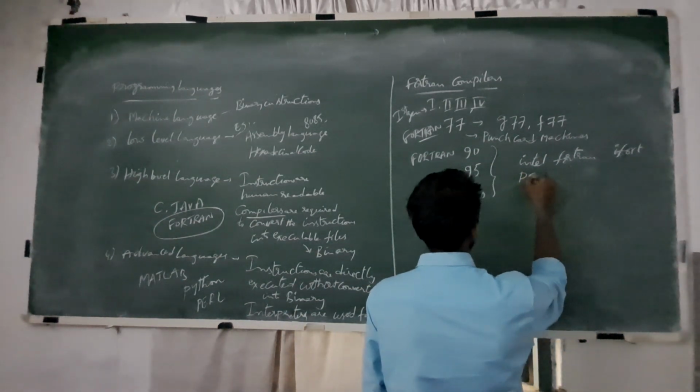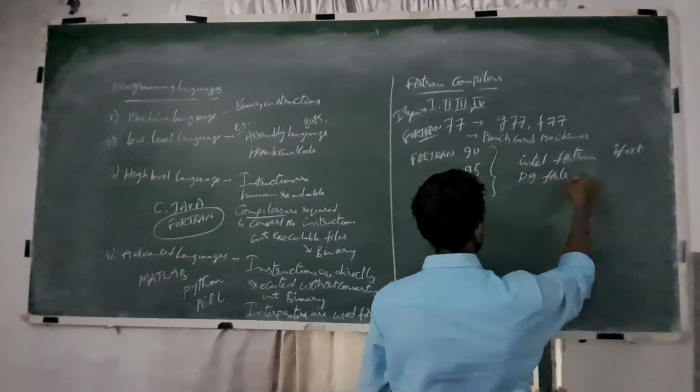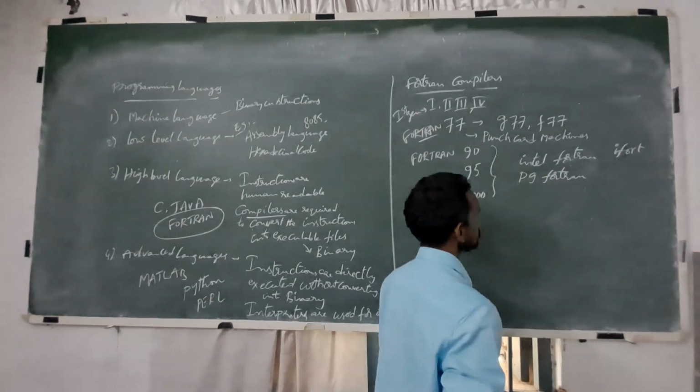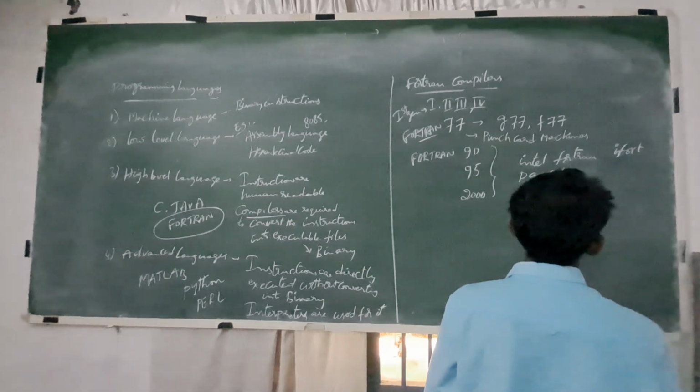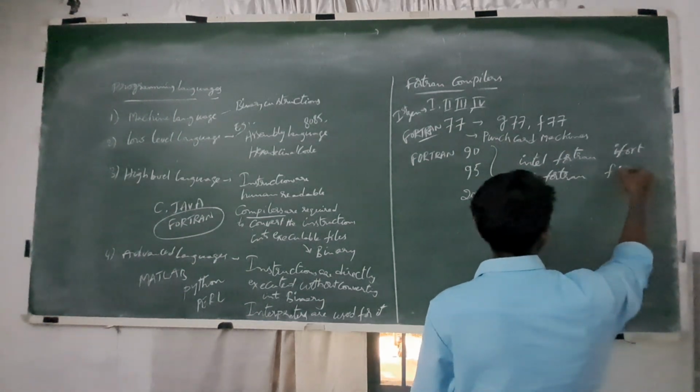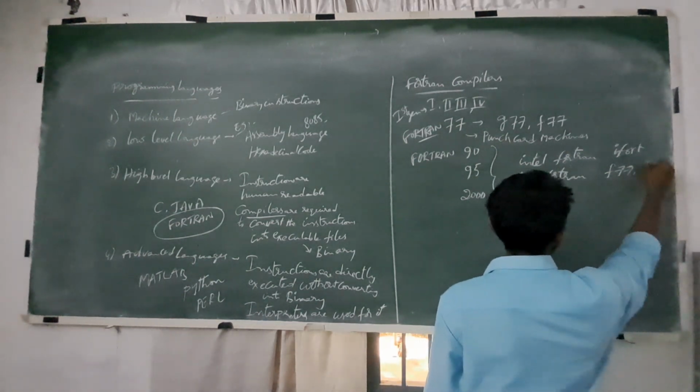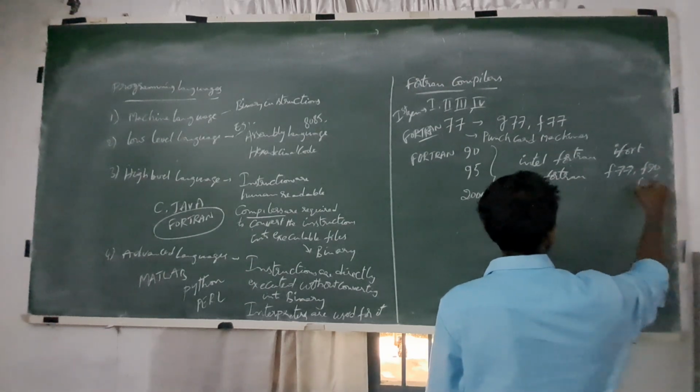Another version is FORTRAN, with the commands F77, F90, F95.